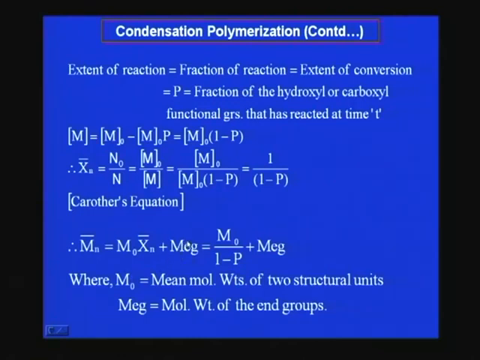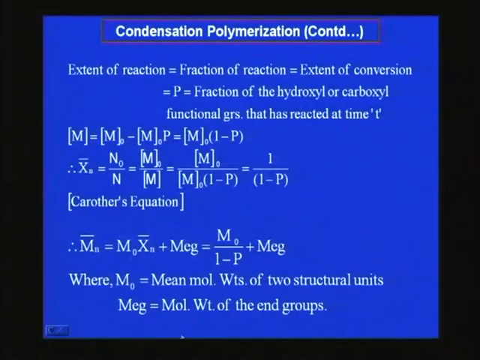Here you see M0 is there. Actually this M0 is the mean molecular weight of the two structural units I showed in the previous slide. That means the portion within the parenthesis. This is not a concentration term.